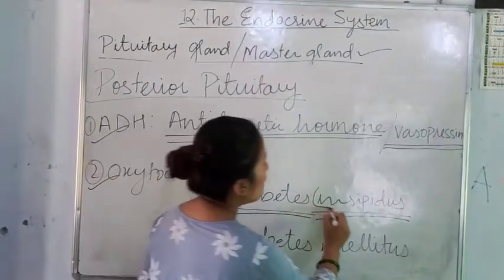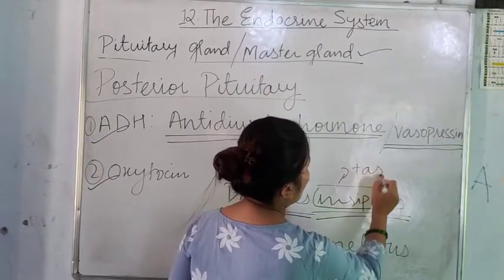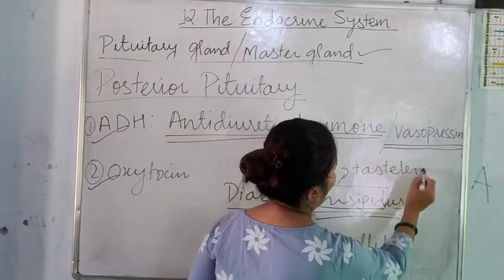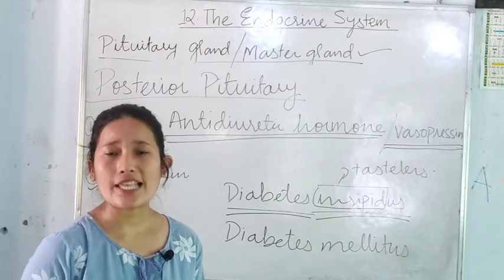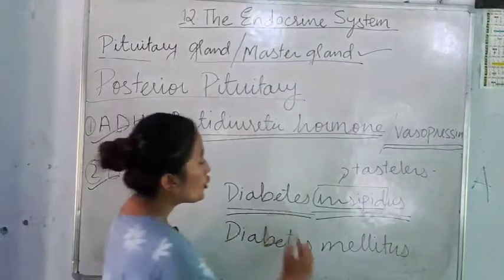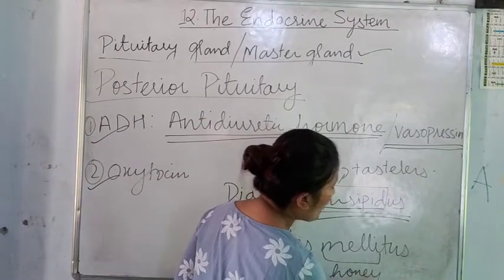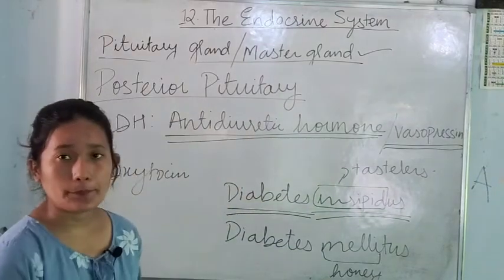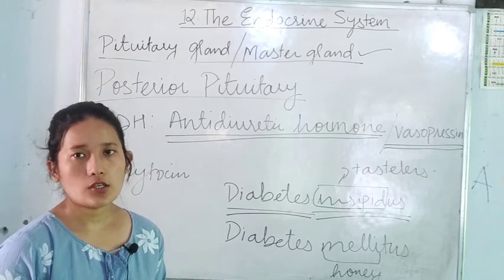Now here insipid means tasteless. That means no glucose, or less glucose, is present here, okay. And meli means honey, that means you have more sugar in your urine, okay. So diabetes mellitus, okay.